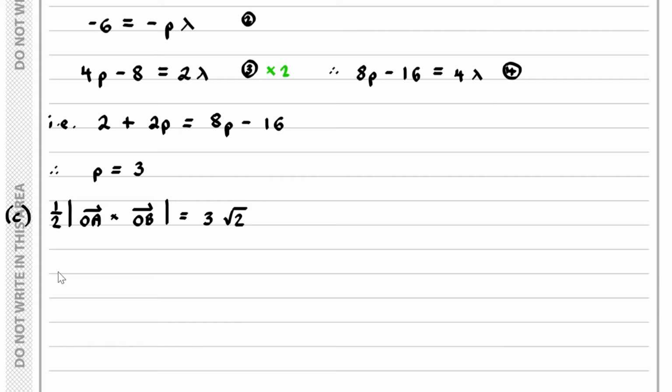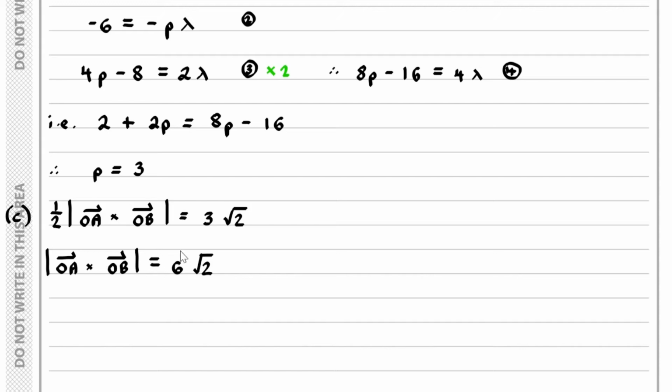And if I multiply by 2, we have the magnitude of OA cross OB equals 6 root 2.